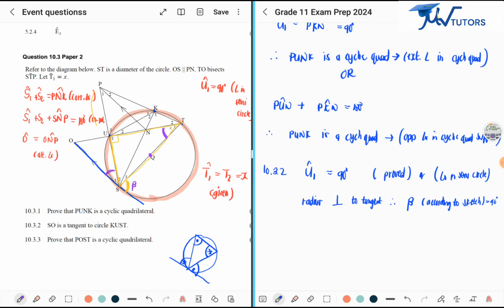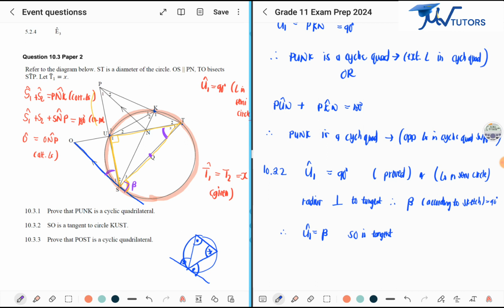Okay. So now I would say therefore, with U1 being equal to beta, we can then say SO is a tangent.